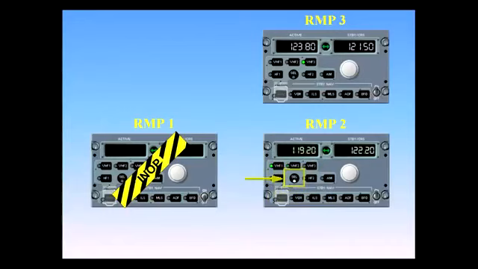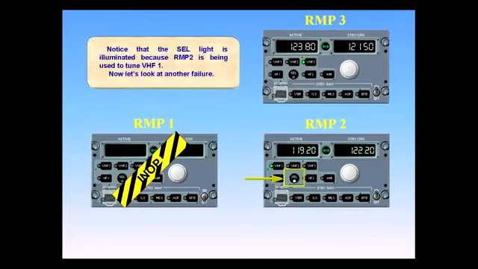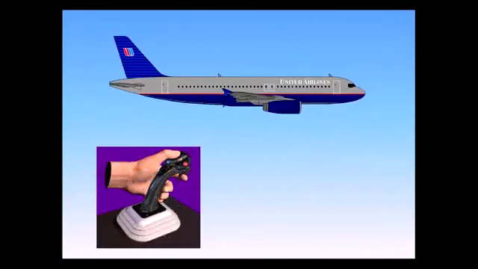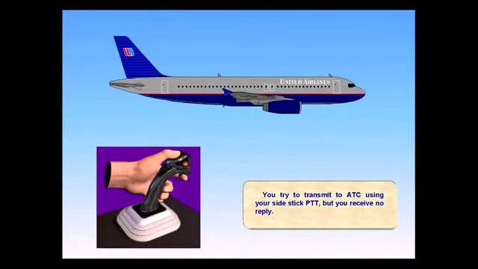Now let's look at another failure. You try to transmit to ATC using your side stick push-to-talk, but you receive no reply. When you check your ACP, you see that all the lights are extinguished.